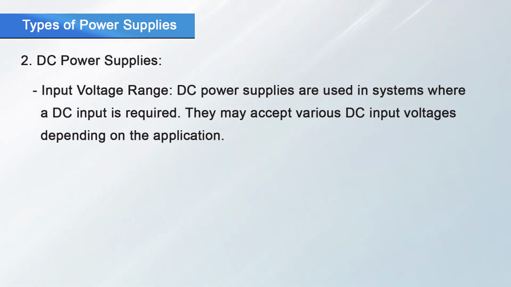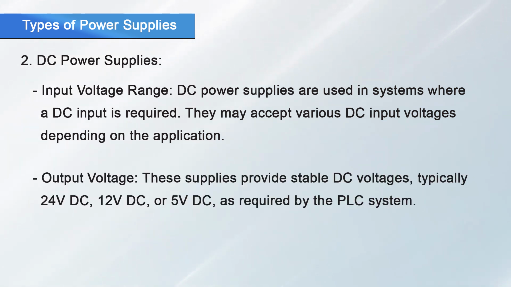They may accept various DC input voltages depending upon the application. Next is the output voltage. The output voltage range of a DC power supply provides a stable DC voltage, which typically ranges from 24 volt DC, 12 volt DC or 5 volt DC, as required by the PLC system or depending upon the PLC application.